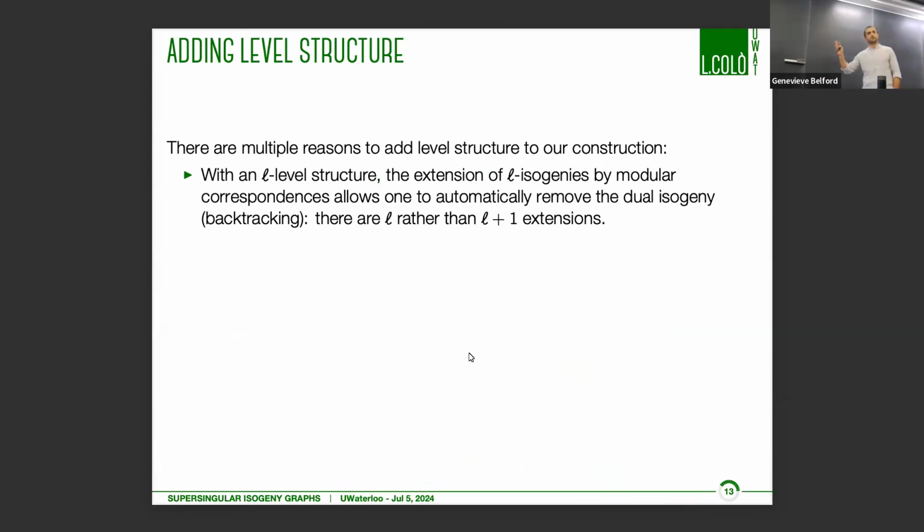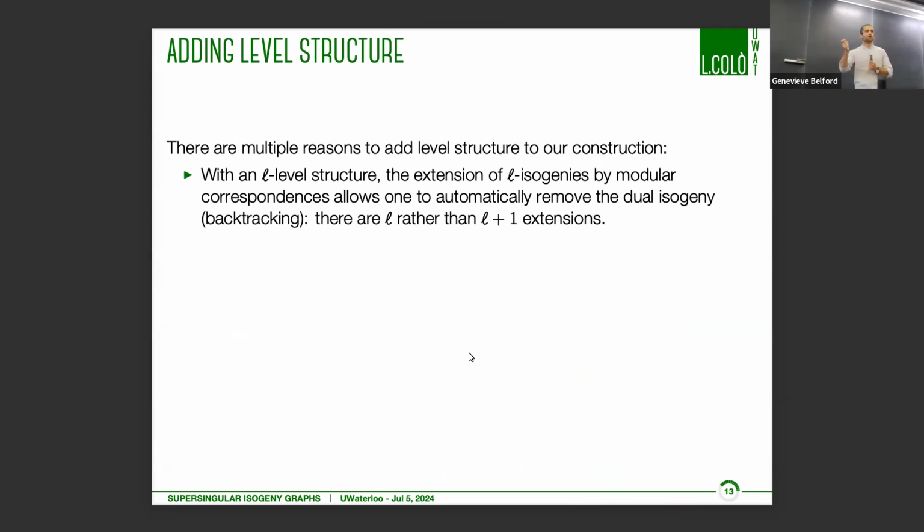There are actually many different reasons why we were interested in looking at modular structures on the supersingular isogeny graph. One is that, once again, when you work with an isogeny graph, you always have to consider that each isogeny from one elliptic curve to the other has a dual isogeny going back.